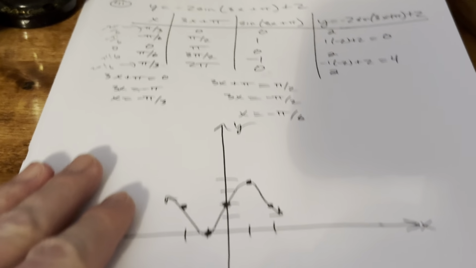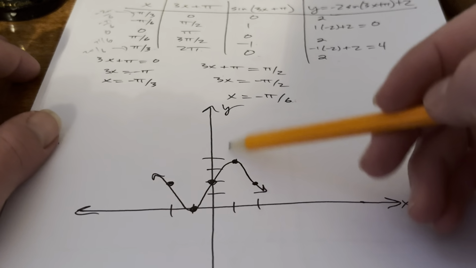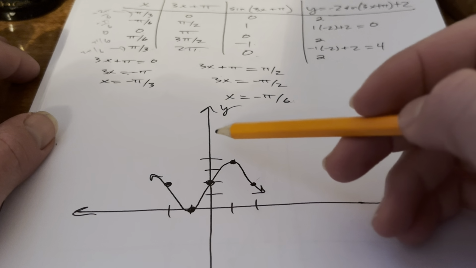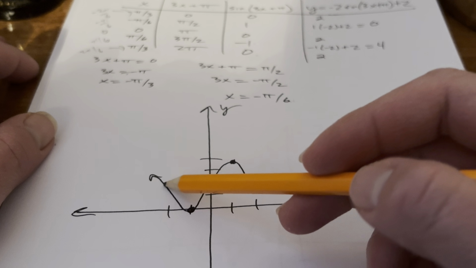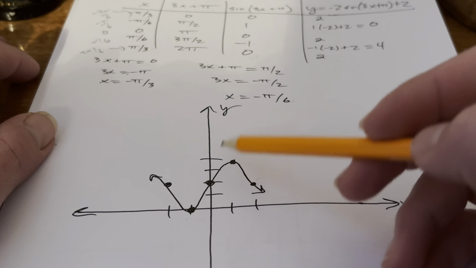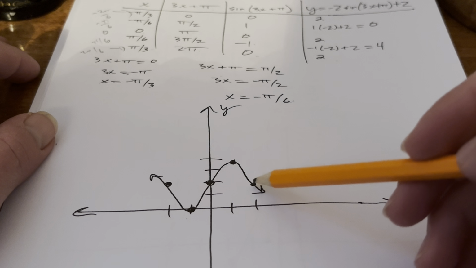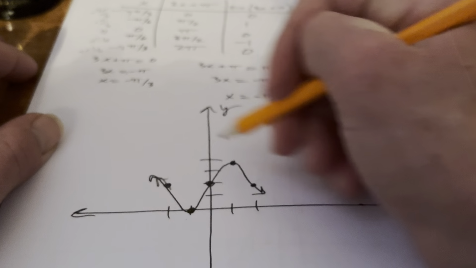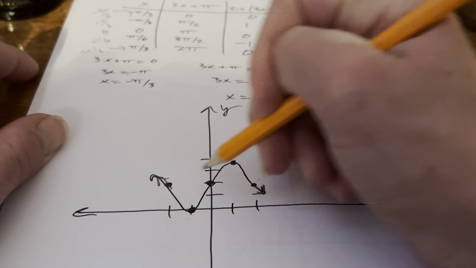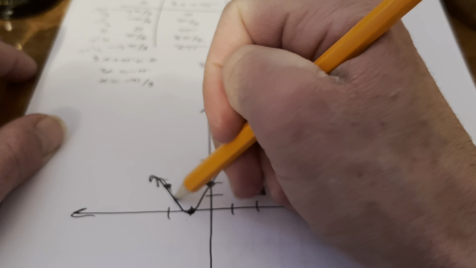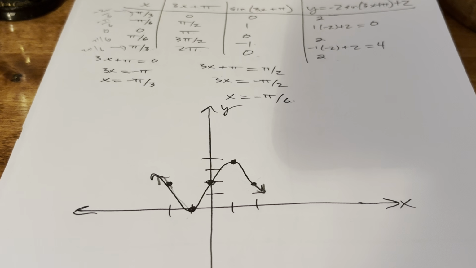I have 2 on the negative side, and 1 here at 0, and then 2 on the positive side. So negative pi thirds, 2; negative pi 6, 0; 0, 2; pi 6, 4; and pi thirds, 2. Again, this is going to go up that way. This is going to go south. Okay, it ends here. What's next? Well, we started by going down, so that's what it's going to do.